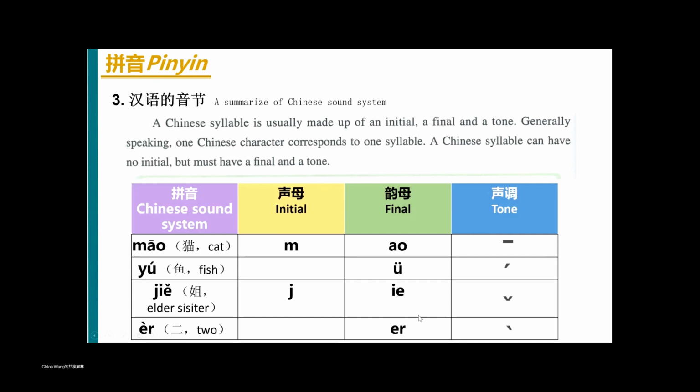So we spell all these three parts together and it becomes jiě, elder sister. So in daily life, if we are calling our elder sister, we call her 姐姐. Just like in Nepali, we say 弟弟, 姐姐.